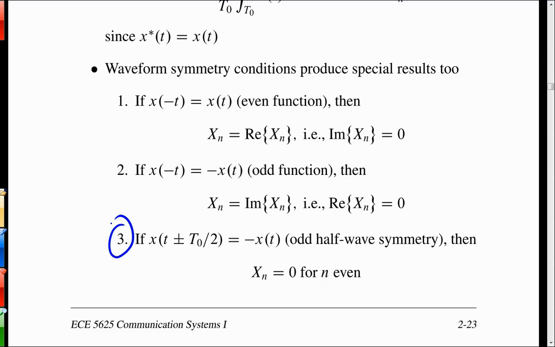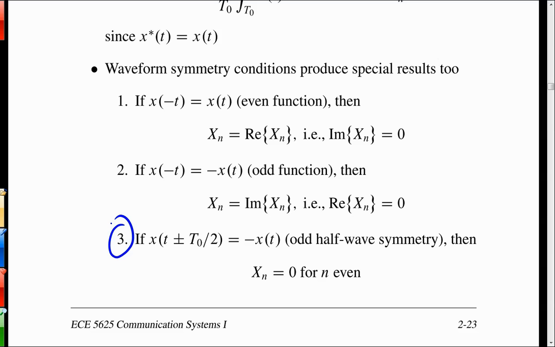But what the instrument in the lab is aware of is whether or not the waveform has odd half-wave symmetry. Odd half-wave symmetry just means that the waveform over half a period is flipped over amplitude-wise in the second half period.